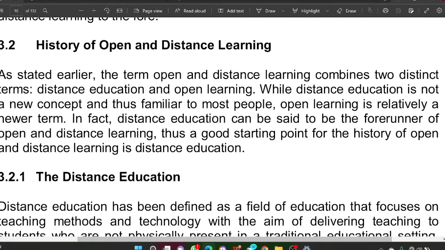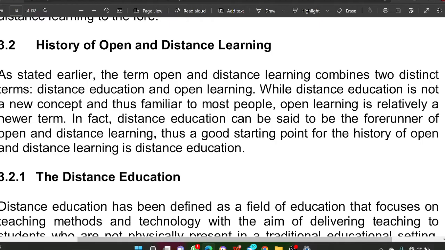History of open and distant learning. As stated earlier, the term open and distant learning combines two distinct terms: distance education and open learning. While distance education is not a new concept and thus familiar to most people, open learning is relatively a newer term.